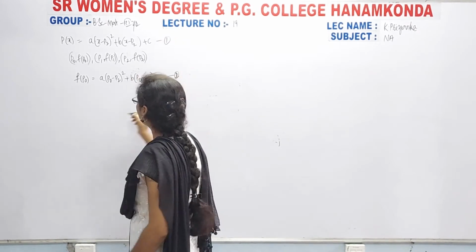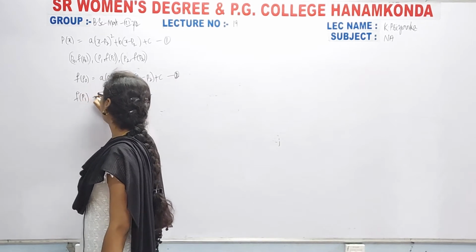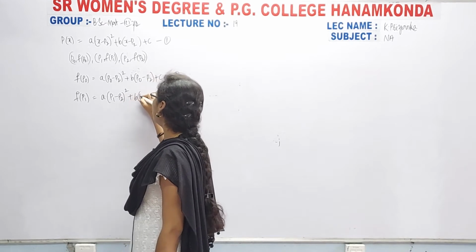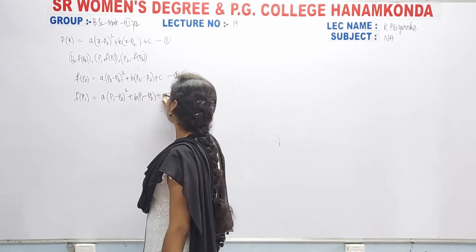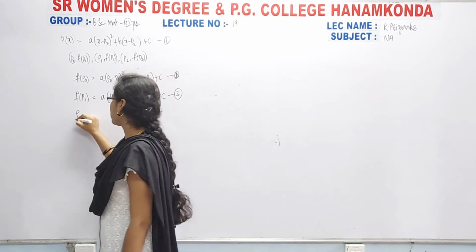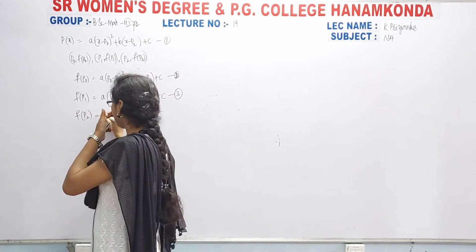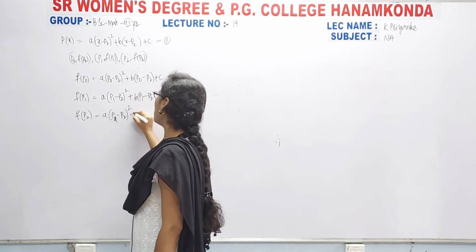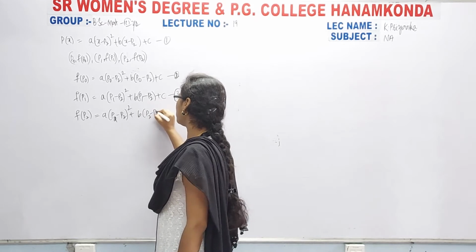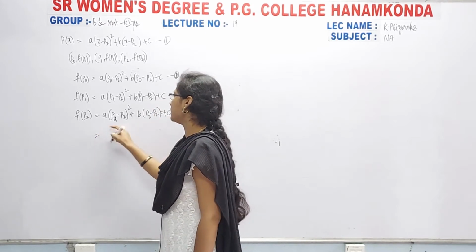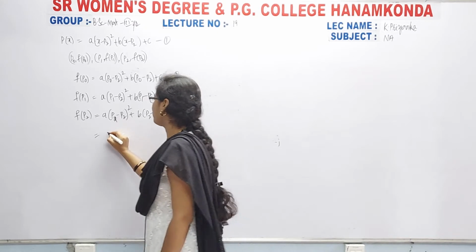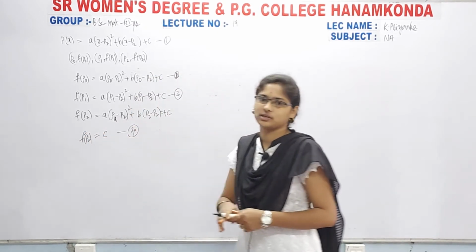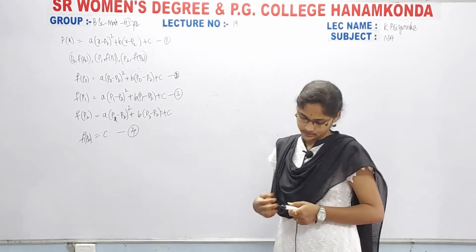Next, f of p1 equals a of p1 minus p2 whole square plus b of p1 minus p2 plus c, equation number 3. Next, f of p2 is equal to a of p2 minus p2 whole square plus b of p2 minus p2 plus c. Then we get 0 plus c, so c is equal to f of p2. Now it is the fourth equation, write it as it is.